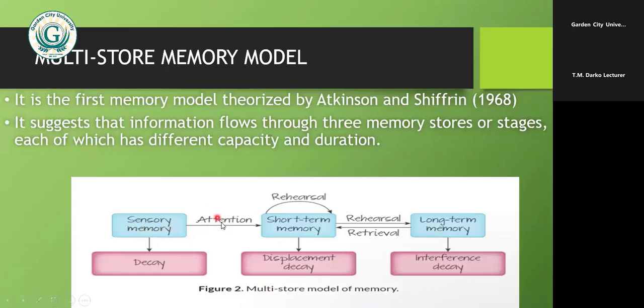Now, if you pay attention to that sensory information, it will be stored in the short-term memory. When it gets to the short-term memory and you refuse to rehearse it, it will decay or disperse, or you forget. Does that make sense? Yes. Good.